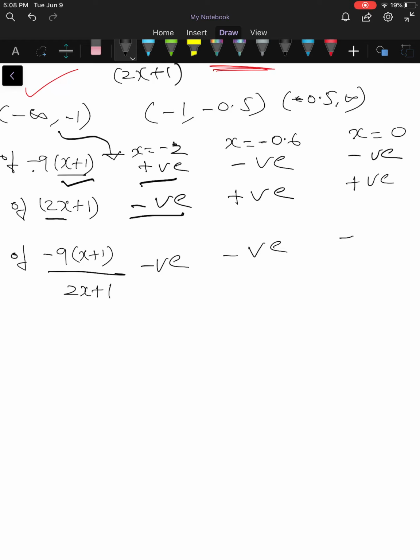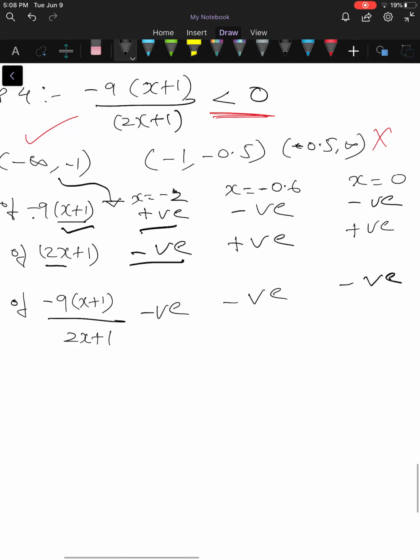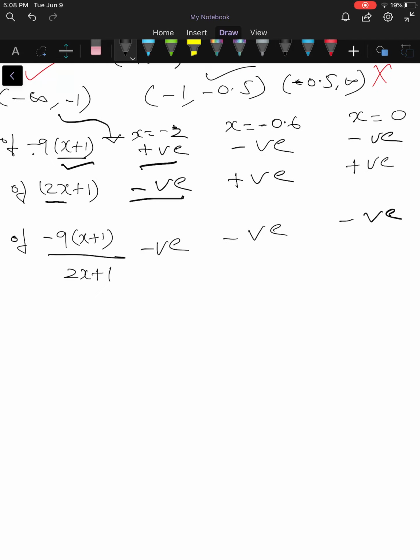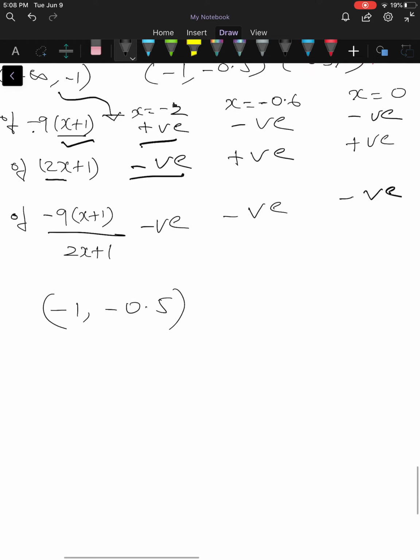So negative and positive will give us negative upon division. So again, this particular interval is ruled out. So we are just left with the interval minus 1 comma minus 0.5.